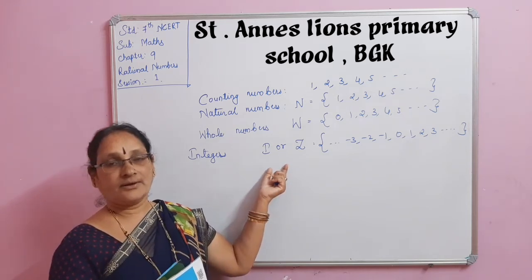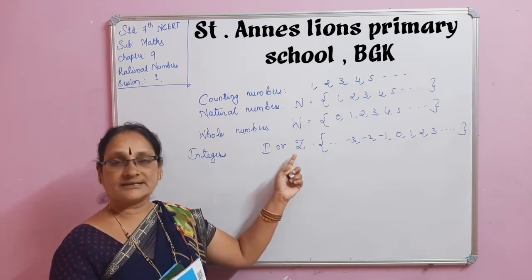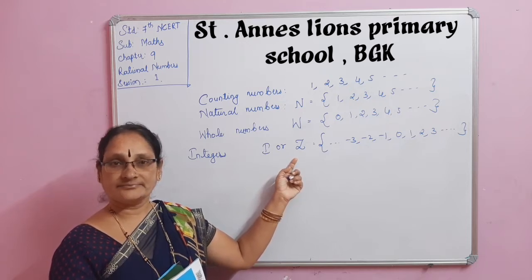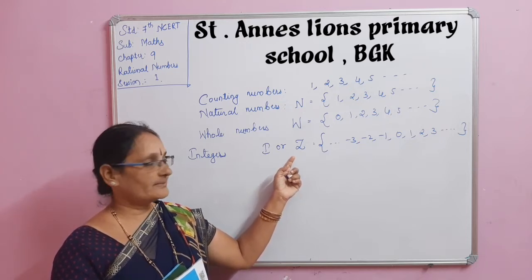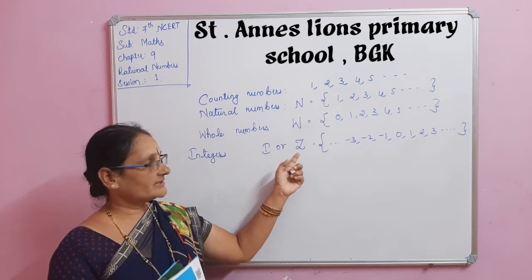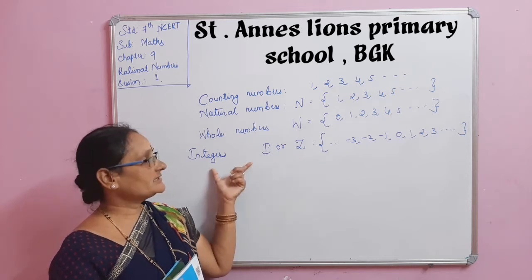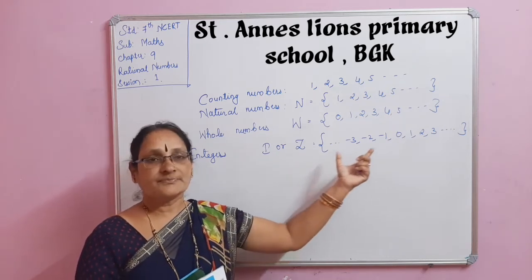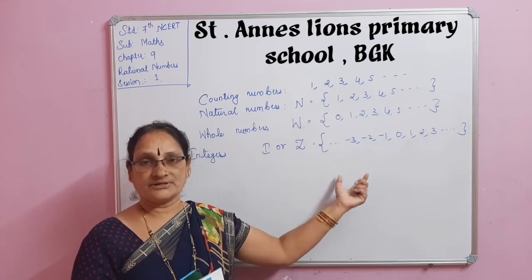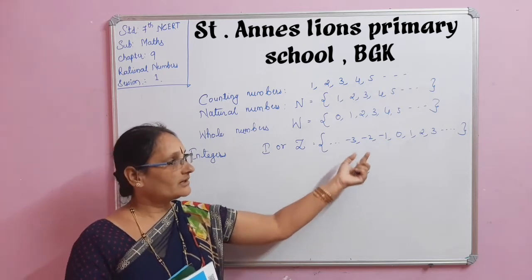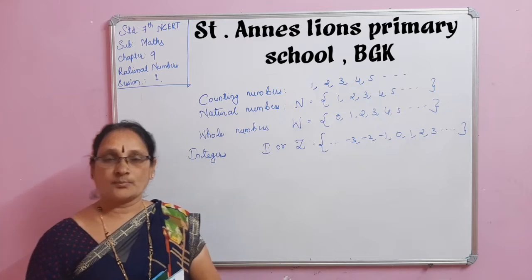the integers set. Why this Z? Z is the name of the mathematician whose name is Gehlen. So Z is used for the integers because he introduced integers, negative integers, positive integers along with the 0, the neutral point.